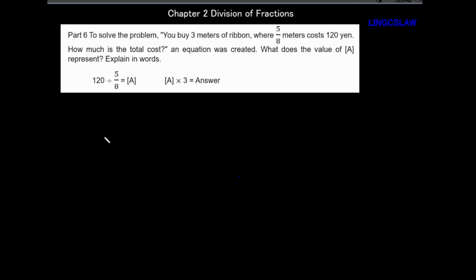Explain in words. So the first equation, this one, 120 divided by 5/8.